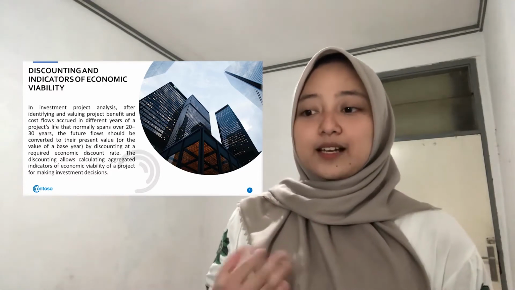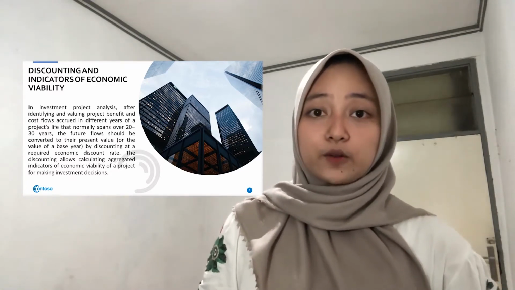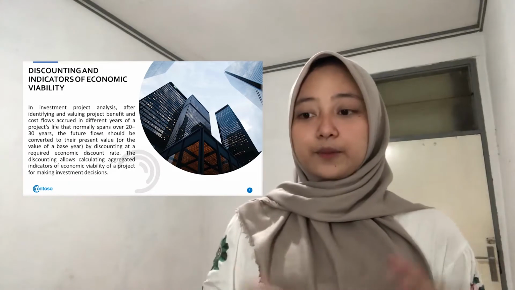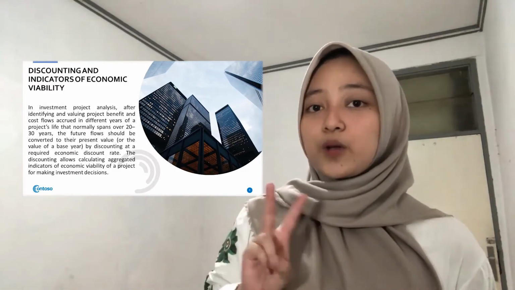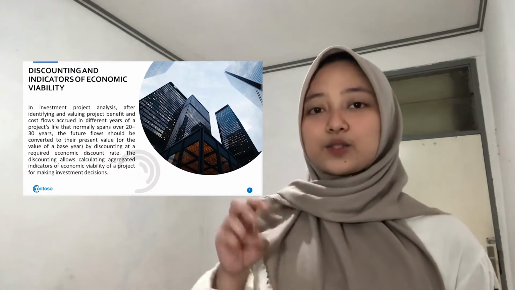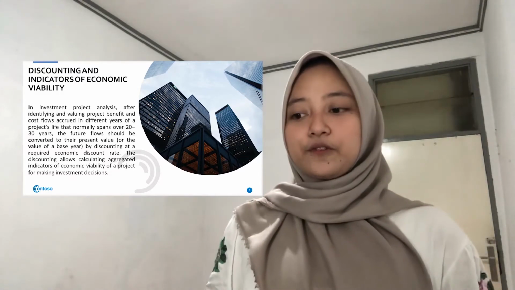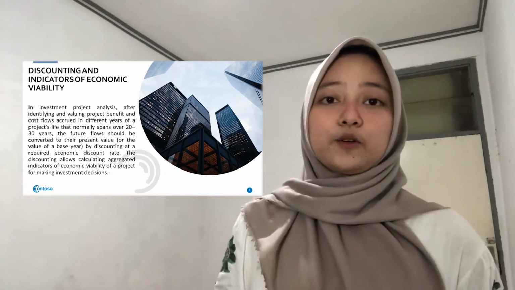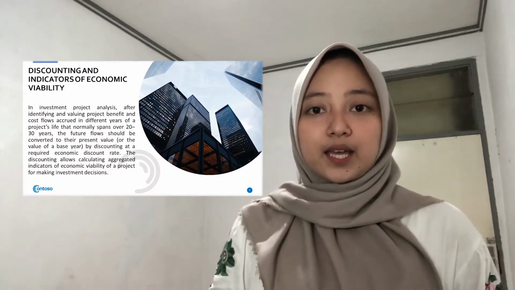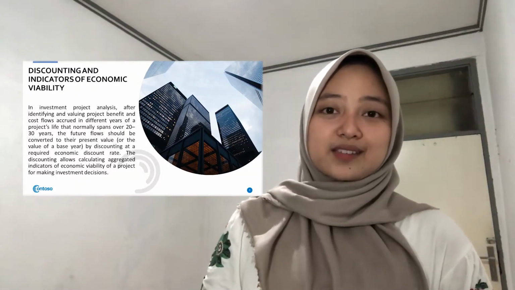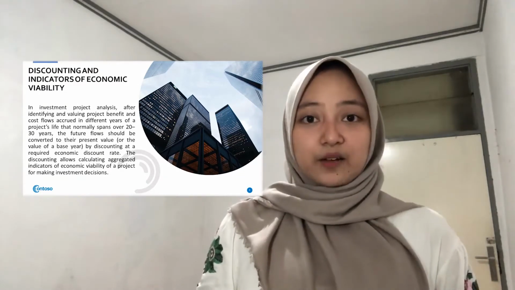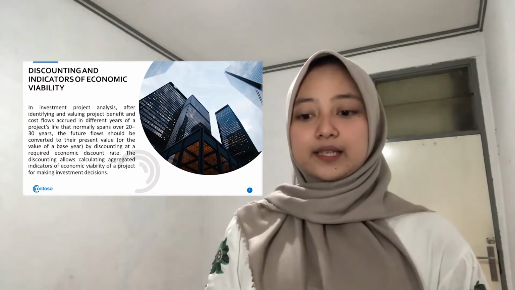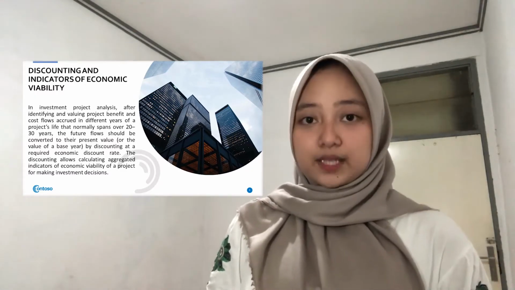In investment project analysis, after identifying and valuing project benefit and cost flows accrued in different years of a project's life, which normally spans 20 to 30 years, the future flows should be converted to their present values, or the value of the base year, by discounting at a required economic discount rate.